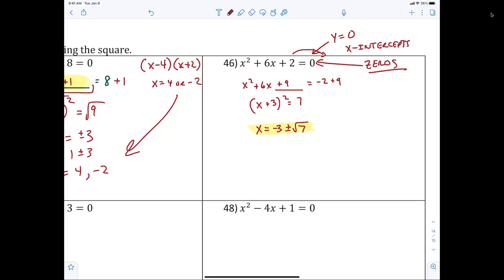So now I'd like everybody to graph y equals x squared plus 6x plus 2. Now, when you graph that, it should come up with something like this, maybe.